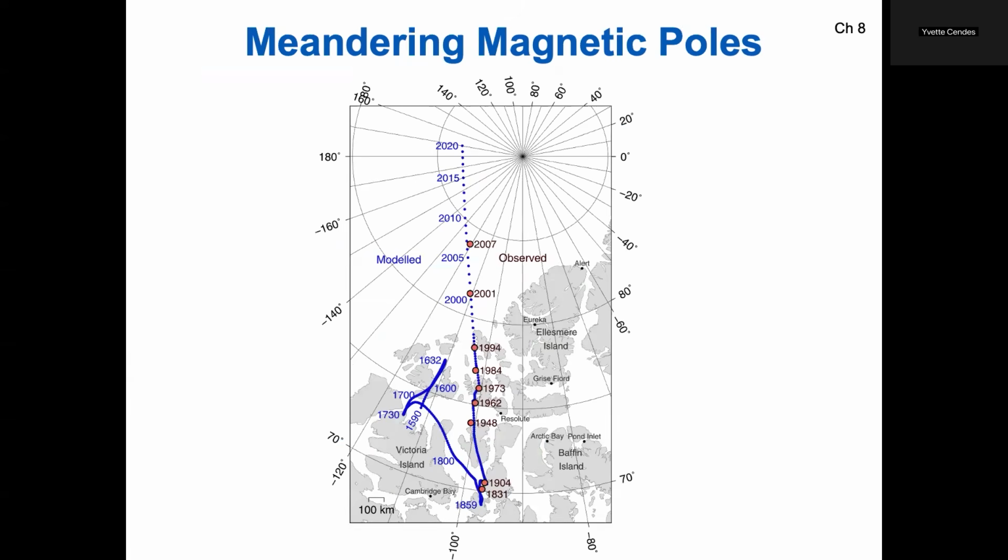The other thing to note about the magnetic poles is, for the record, it's first of all not exactly at the North Pole. It's not where Santa is. It's actually up toward northern Canada now, and it varies quite a bit over time. It meanders. This is a diagram of how it's changed over time, and it's been changing fairly rapidly in recent years. It's going further north.